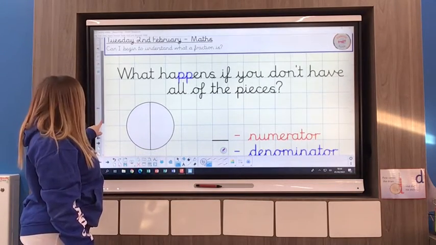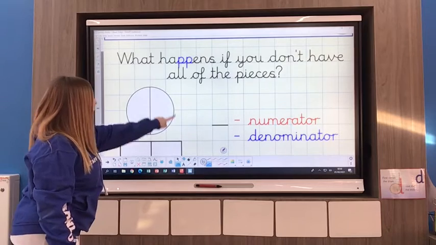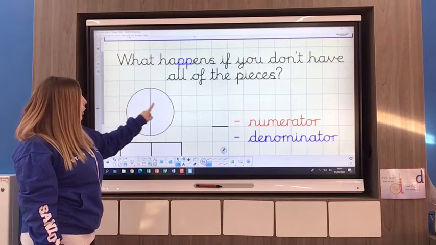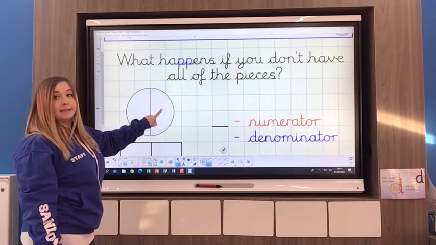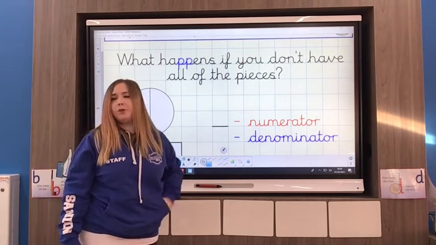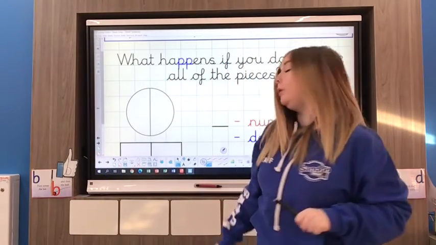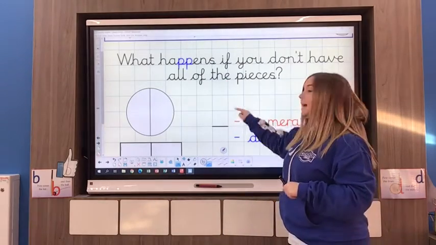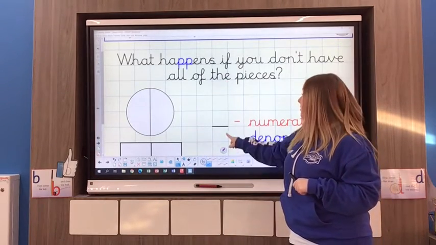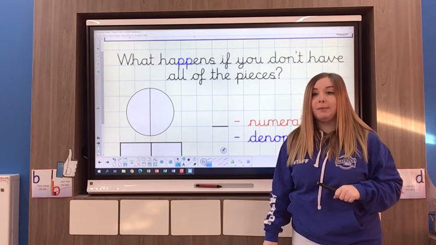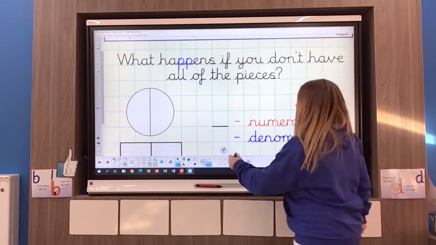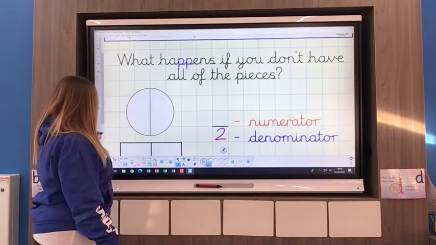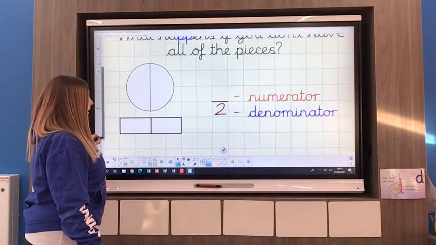So here's my whole, and you'll see that it's split into 2 pieces. So where would my number 2 go? It's split into 2 pieces. Would it go at the top as my numerator or at the bottom as my denominator? It would go at the bottom because it's how many pieces there are all together.